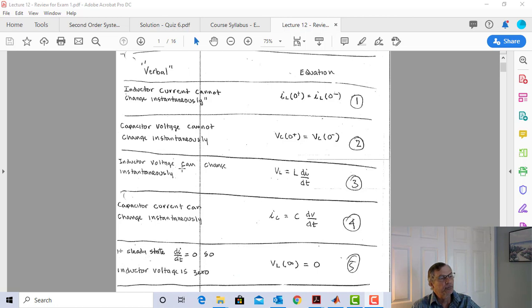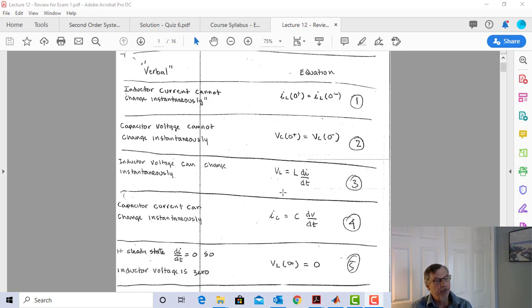The inductor voltage can change instantaneously. So we can't change the current through the inductor, but we can change the voltage across it instantaneously. And so what I have here is V sub L equals L di dt, which is our basic equation for an inductor that works anytime, any place, any problem.